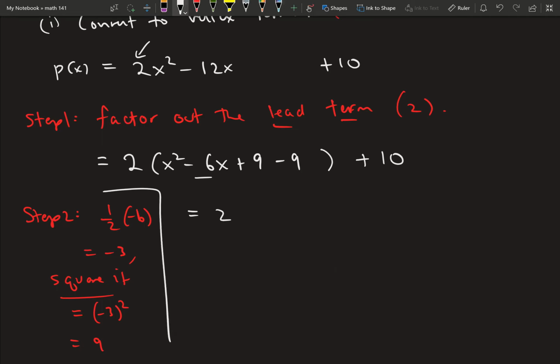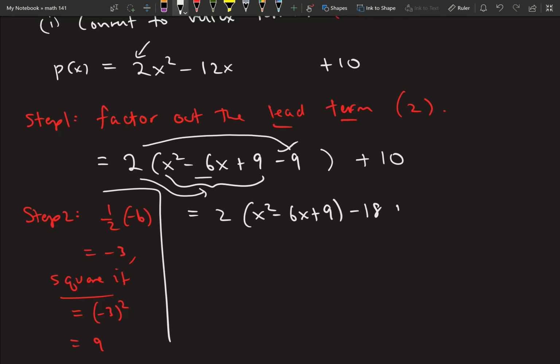This is equal to 2. And remember, the part where we just do the addition, that part forms a nice factorization. So it's going to be 2 times this whole quantity, and then it's going to be 2 times this constant. So that's minus 18 plus 10.